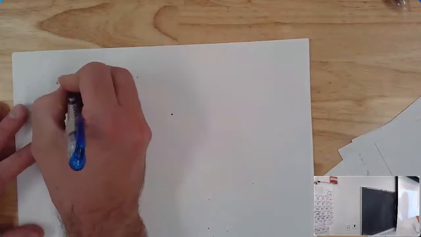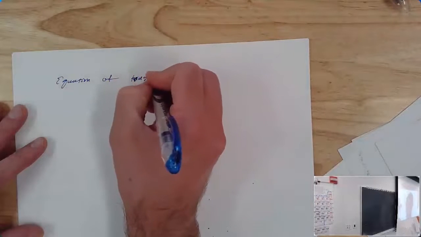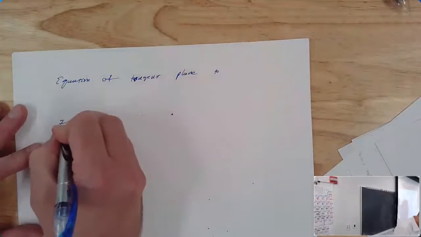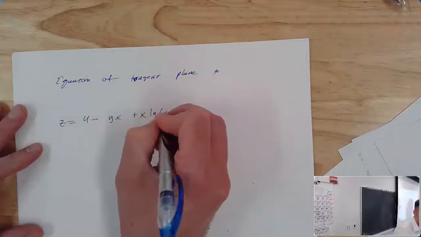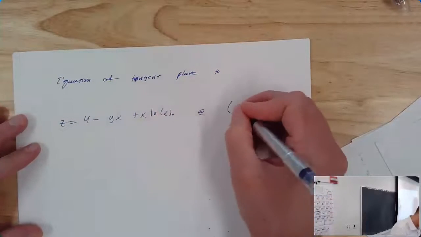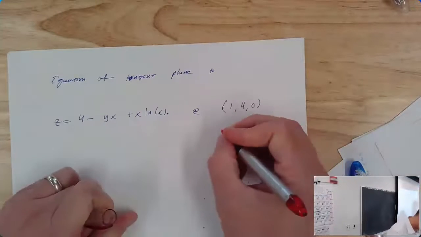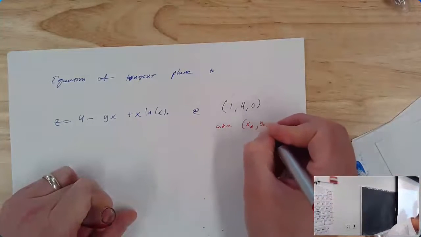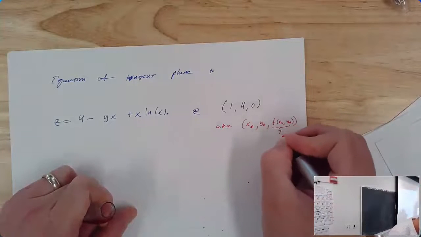They want an equation of the tangent plane to z equal to 4 minus yx plus x natural log of x at the point 1, 4, 0, aka x naught, comma y naught, comma f of x naught, y naught, also known as z naught.